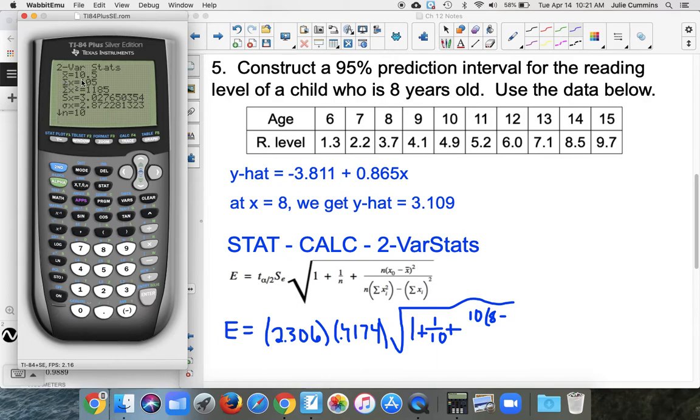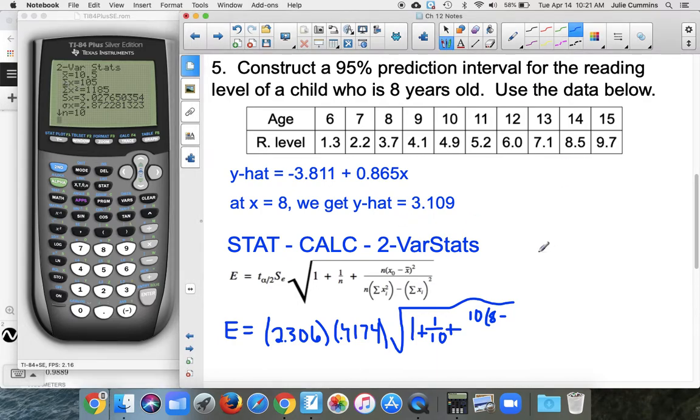So X bar, you see, is 10.5. So we'll come over here and write that in. 10.5, and we need to square that. And then our denominator, we have 10. And then do you see here we have the sum of x's squared? That's right here. The sum of x's squared is 1185.